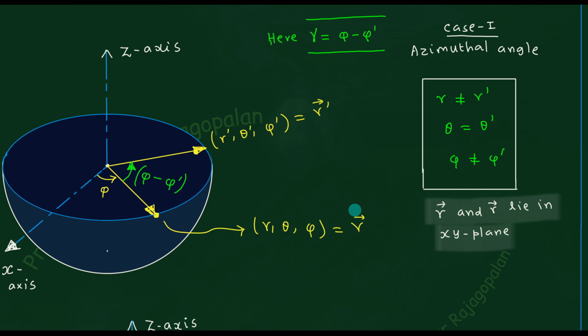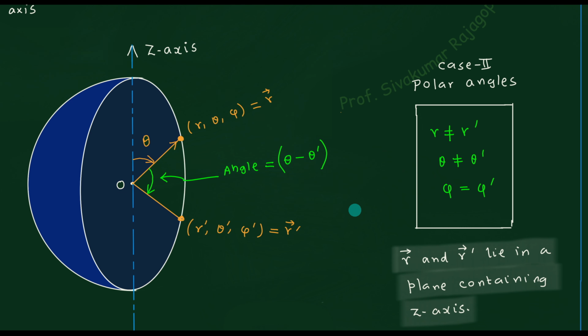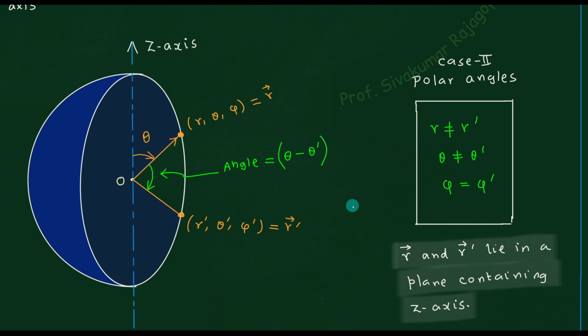Case 2. Case 2 will be the one corresponding to the polar angle. Instead of the horizontal circle, now you take the vertical plane. You can see that the vertical plane is a plane, and it is in the vertical, not in the horizontal. So it corresponds to the z and then the x. That kind of vertical plane. And as usual, there are two vectors and all other things are there.